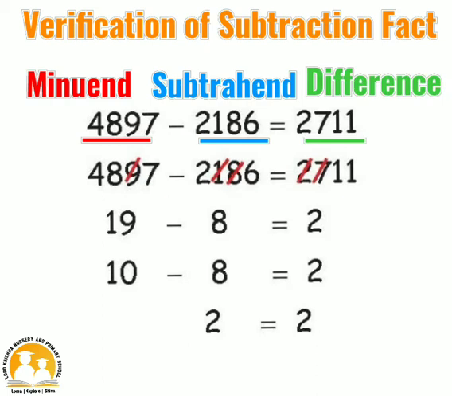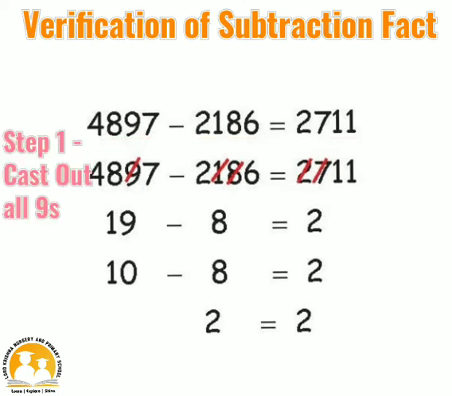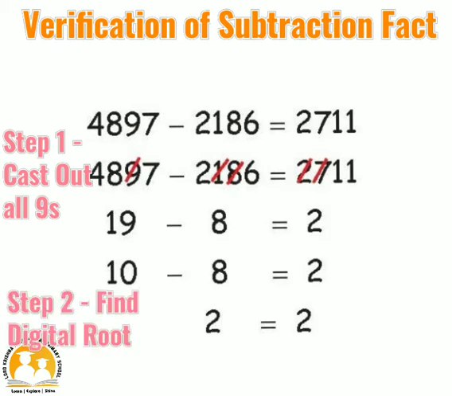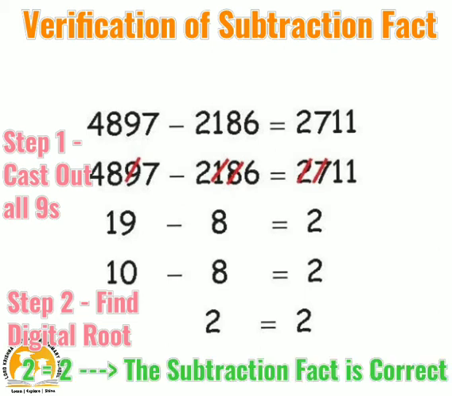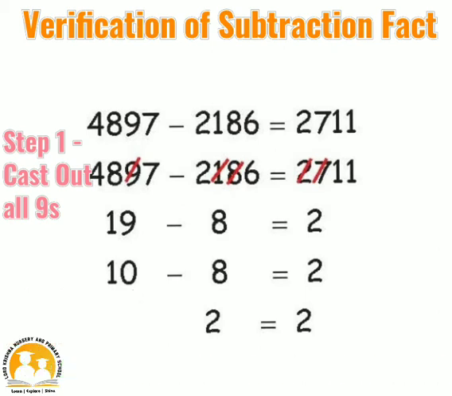Step 1 is to cast out all the 9s. Step 2 is to find the digital root of each number and then apply the subtraction as it is a subtraction problem. Finally, find the digital root of the subtraction answer. So the answer comes as 2 is equal to 2, which means the subtraction fact is correct.